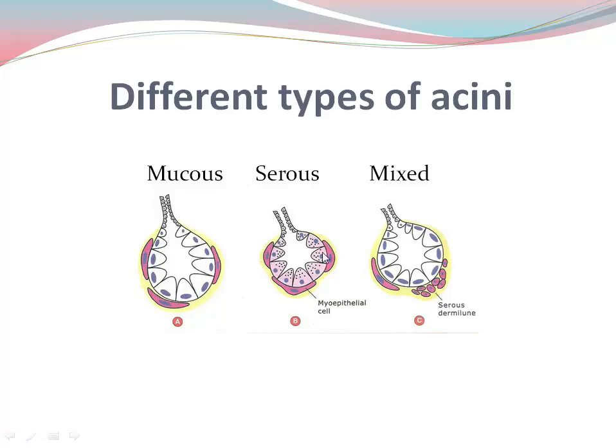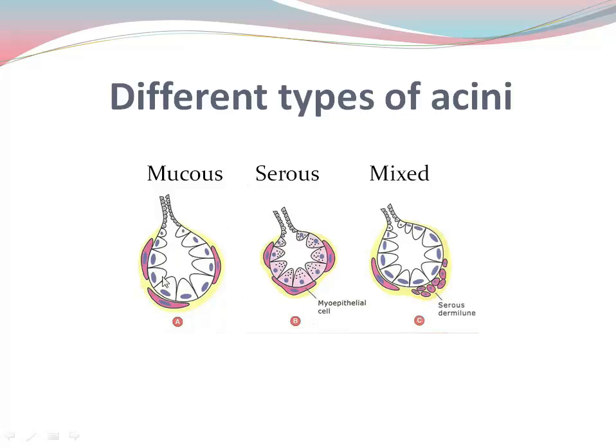So again you see in every kind there are myoepithelial cells, but in the mixed type of acini, you will find the serous producing cells arranged outside the mucus acini. Some portion of the mucus acini is supported by serous producing cells.